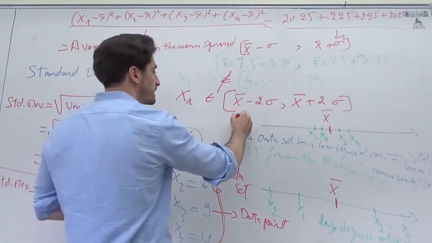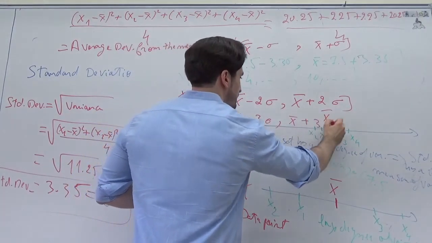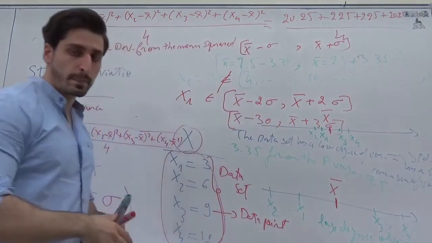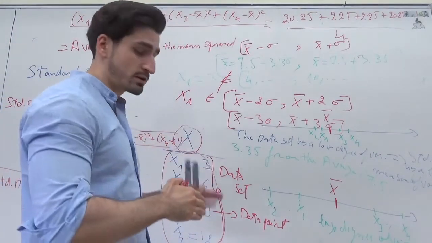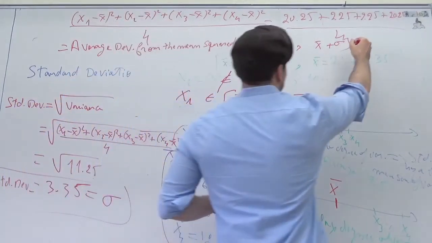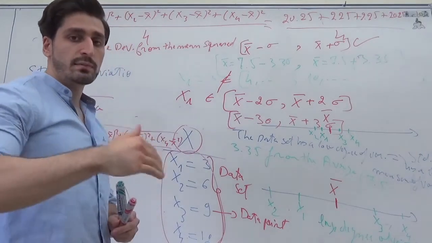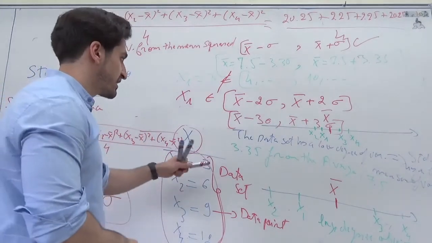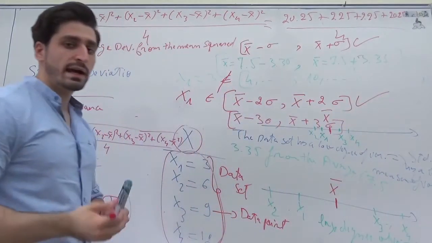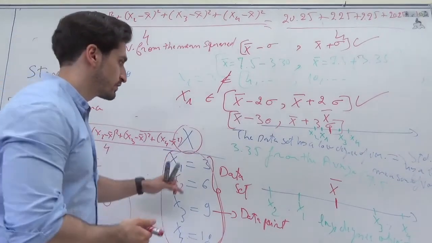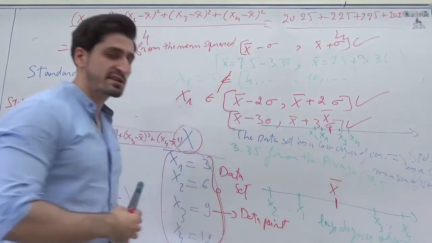Or in x bar minus 3 times sigma and x bar plus 3 times sigma, etc.? In theory, they say that 68% of your data points are usually found in that first interval, x bar minus sigma and x bar plus sigma, up to 95% of your data points are usually found in x bar minus 2 times sigma and x bar plus 2 times sigma, and up to 100% or 98% of your data points are found in x bar minus 3 times sigma and x bar plus 3 times sigma.